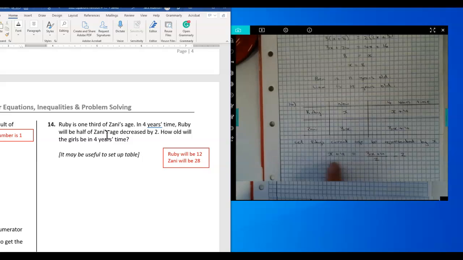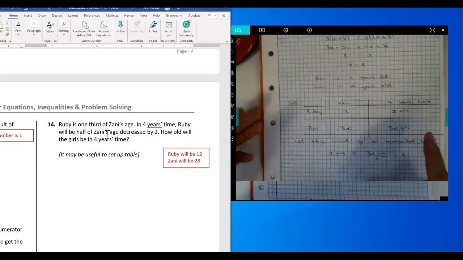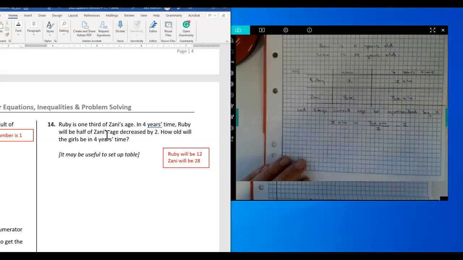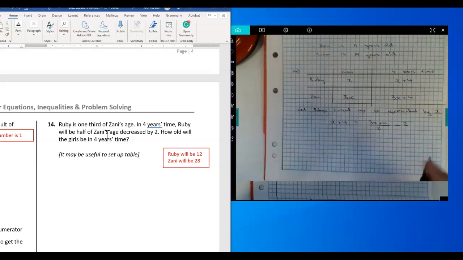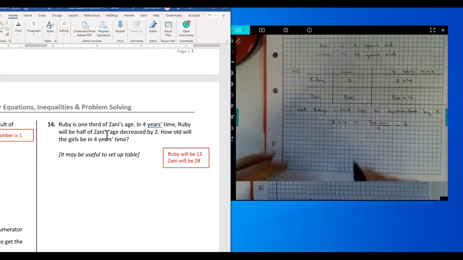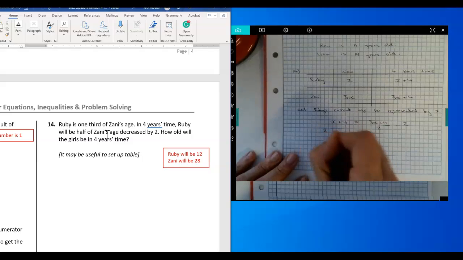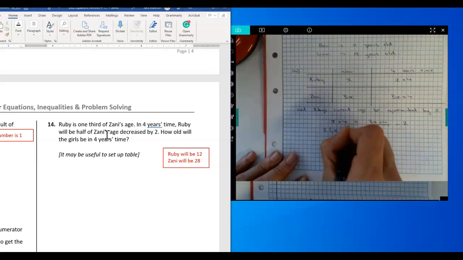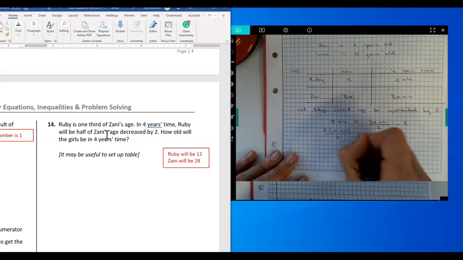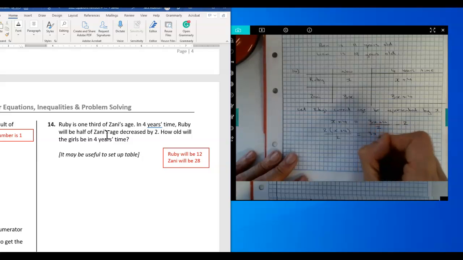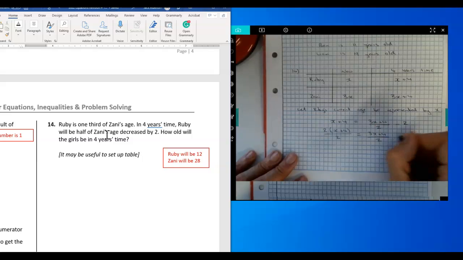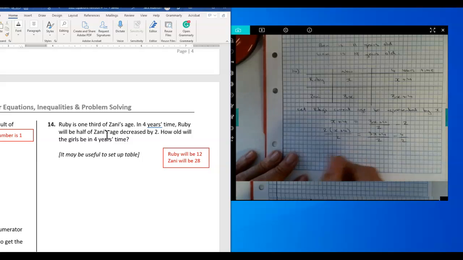And we know that these two are going to be equal to each other, so therefore we just need to solve for x, and then we can work out their ages. So let's get a common denominator of 2. So I could write this as that, and that is going to stay as is, and then I could write that as 4 over 2. Now that we have the same denominators, we can equate the numerators.